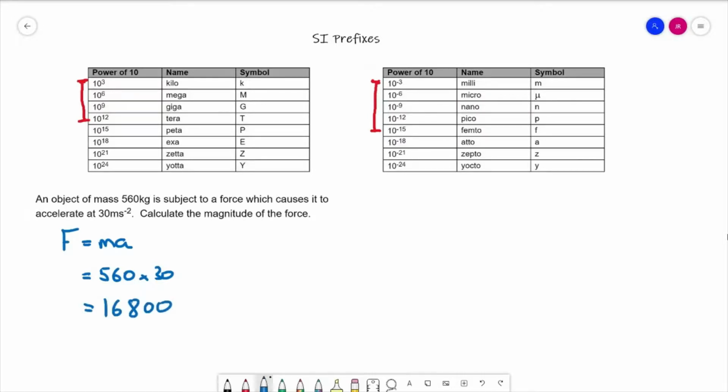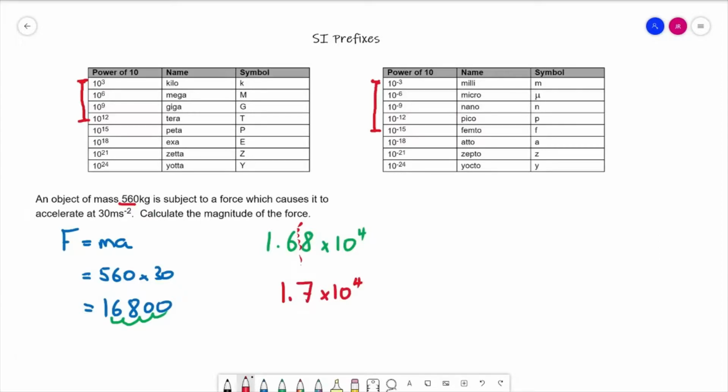Now, of course, if we go back to the previous conversations that we've had, the first thing we're going to do is to convert that into standard form, which will be 1.68 times 10 to the 4. Secondly, we're going to just round this. This number here, 560, is given to two significant figures. So once again, we end up with 1.7 times 10 to the 4.